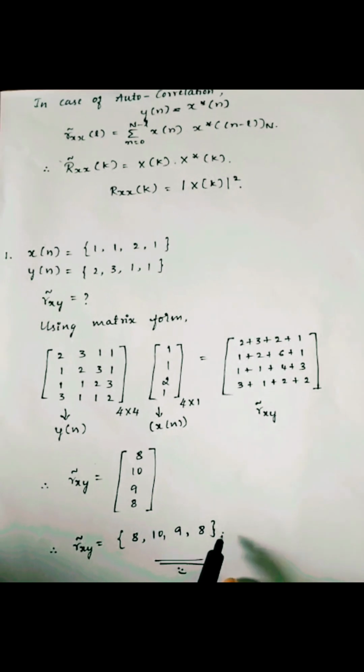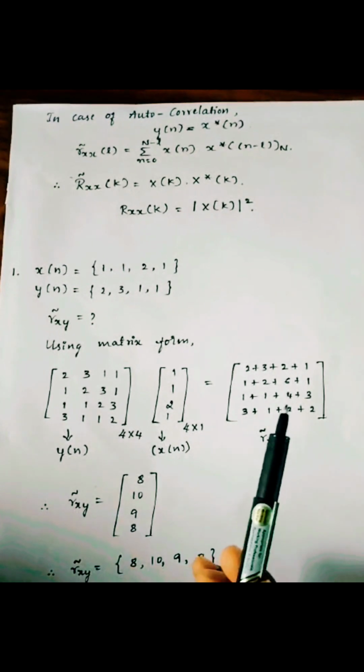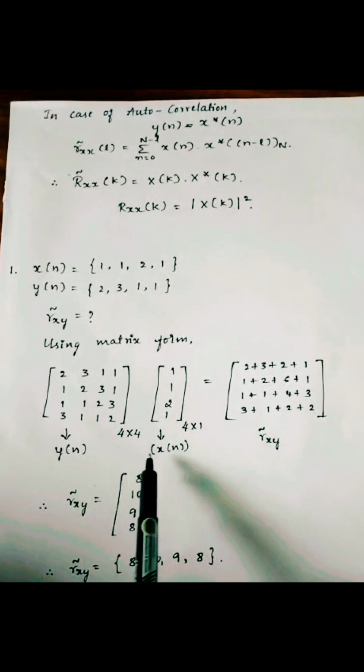We get the final output 8, 10, 9, 8. Finally, R xy circular correlation equals 8, 10, 9, 8. We can solve easily in this matrix form.